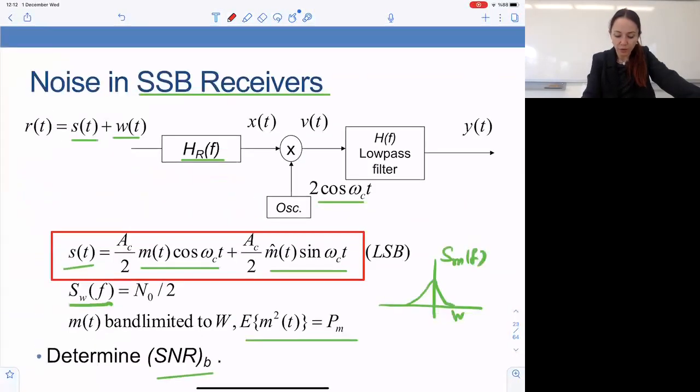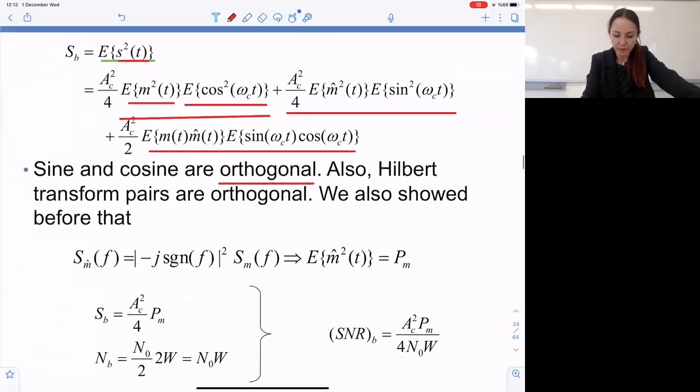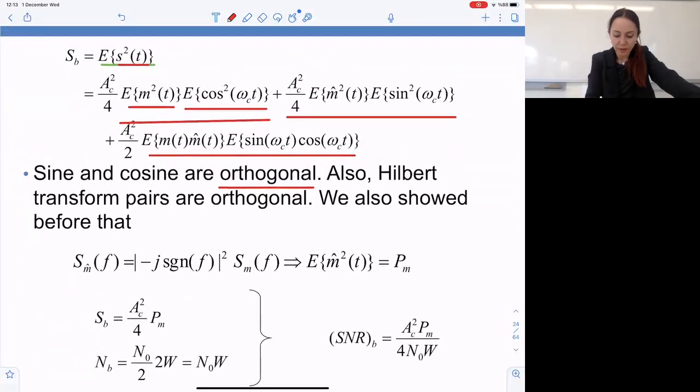Now we showed before that m hat is the Hilbert transform of m, which corresponds to an LTI filtering operation. And the filter is negative j signum of f. And we know that when a wide band stationary signal goes through an LTI filter, the power spectral density is multiplied by the filter magnitude characteristic squared.